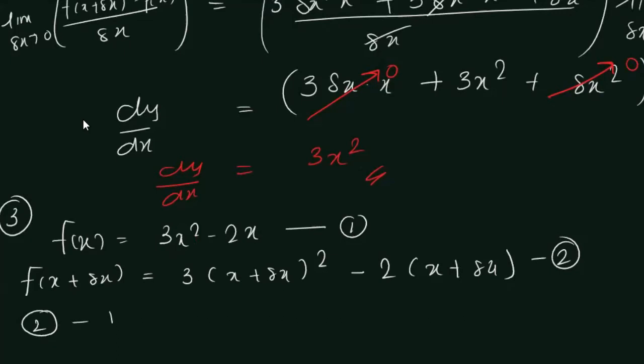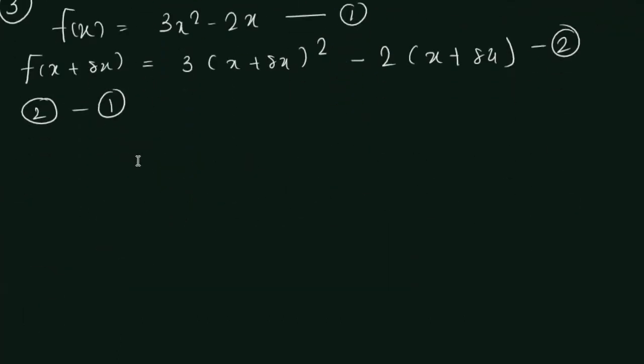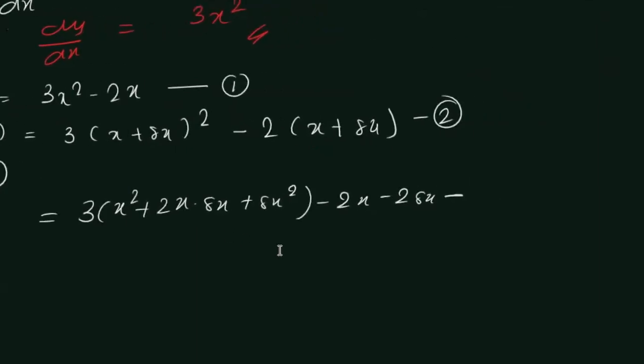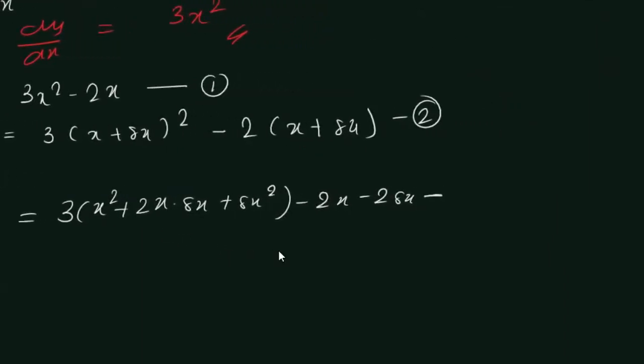So 2 minus 1, what is it going to be? I will simplify only the right hand side: 3(x squared plus 2xΔx plus Δx squared) minus 2x minus 2Δx, and then whole thing minus 3x squared minus 2x.